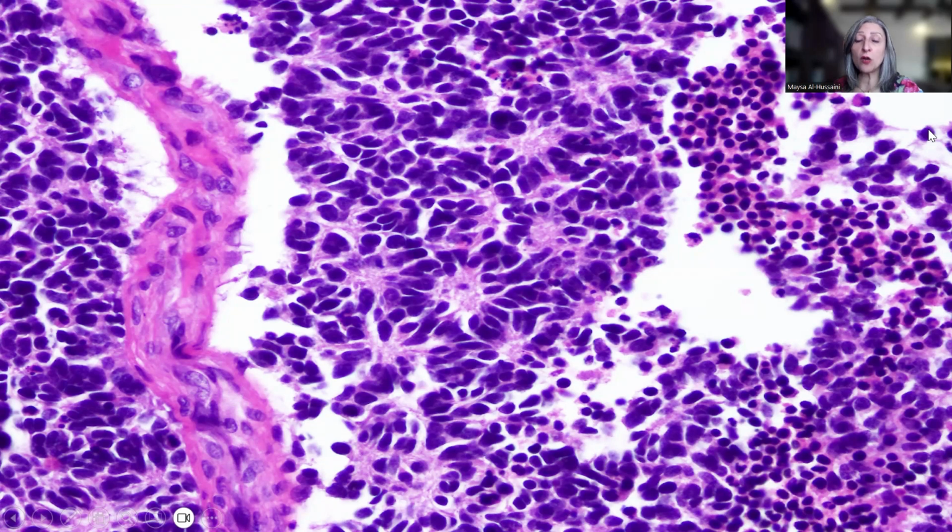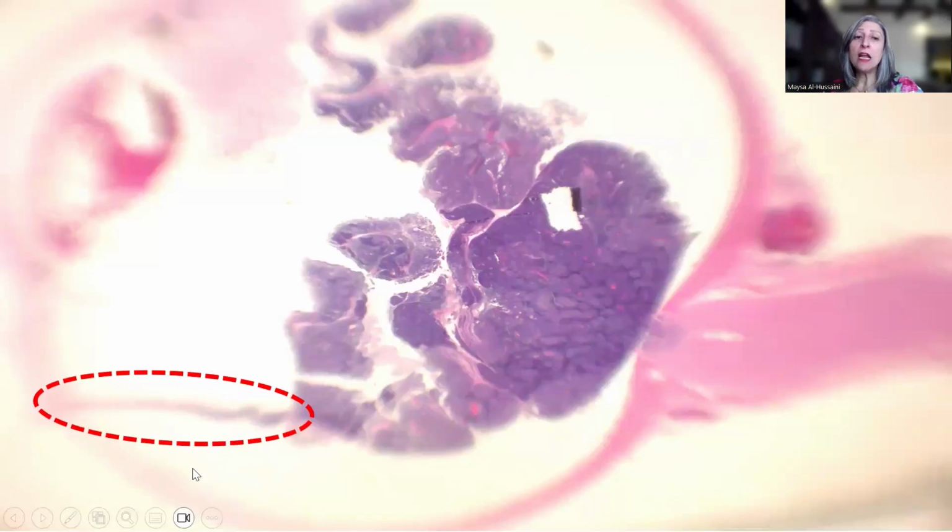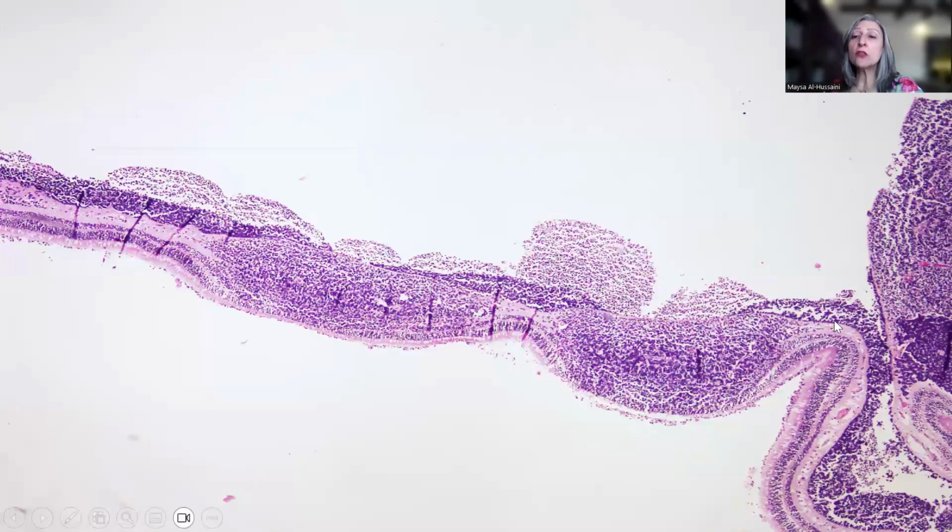There are areas of necrosis and apoptosis here, and there is a moderate degree of anaplasia in the tumor cell nuclei. Now, zooming here into this focus, this is part of the detached retina, and we have two separate growths that are identified within the retina itself.